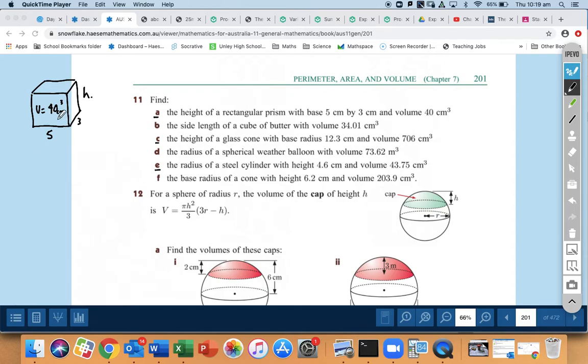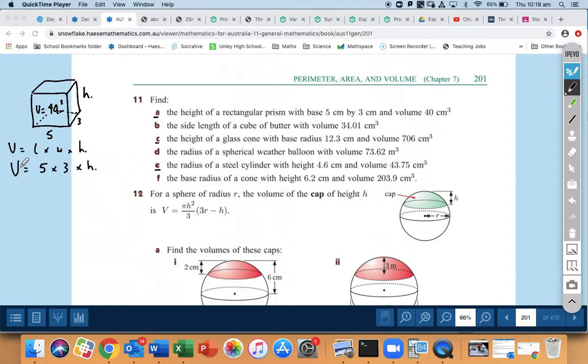If I was to work out the volume normally, I would say the volume would be 5 times 3 times height. I could find the area of that base and times it by this height. You might want to think about this as a length times a width times a height.